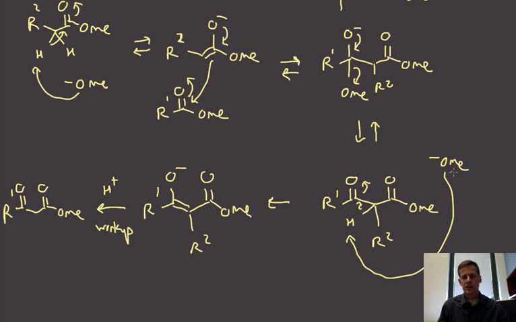But under these conditions with sodium methoxide, this is then not reversible. Okay, so it's this enolization that makes the Claisen condensation stick, and then you can work it up to get the product. If you can't do that enolization, then you won't be able to have a Claisen condensation go forward.